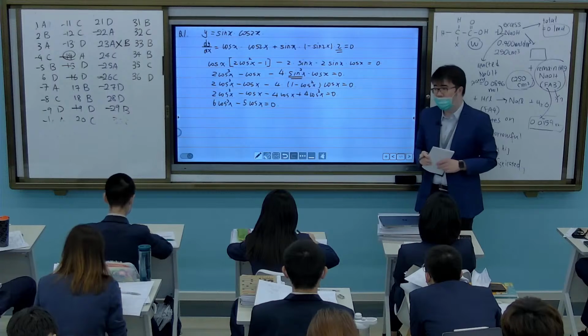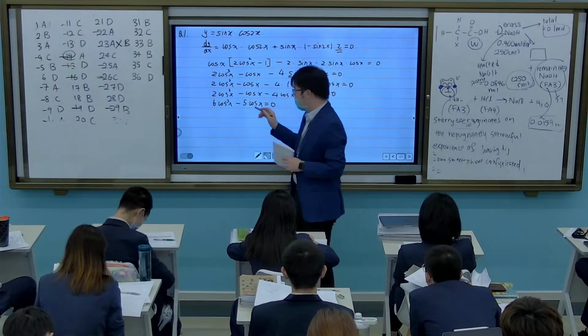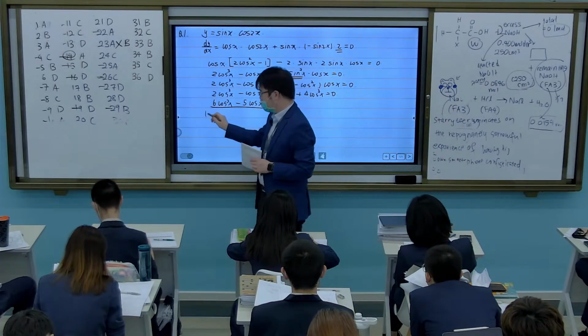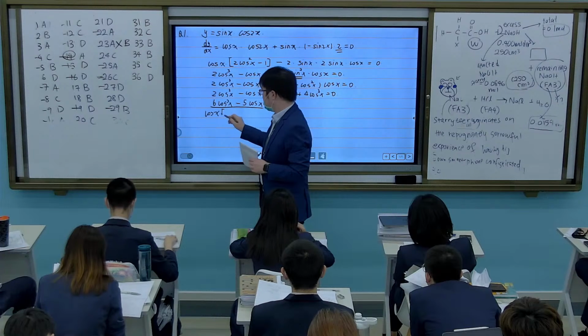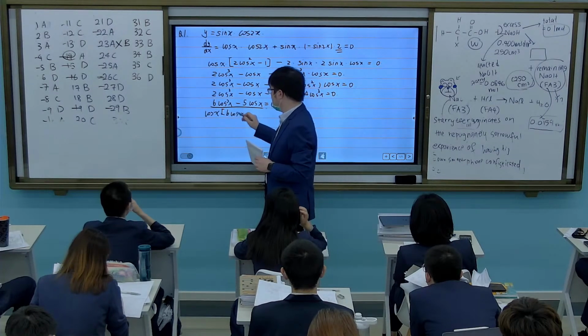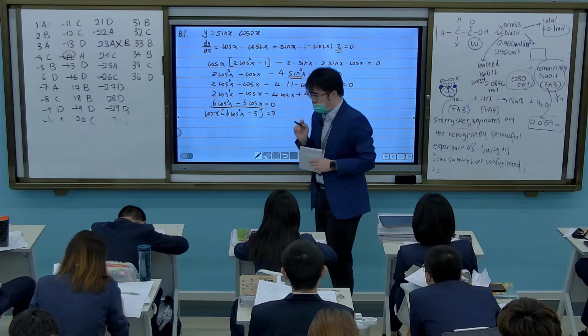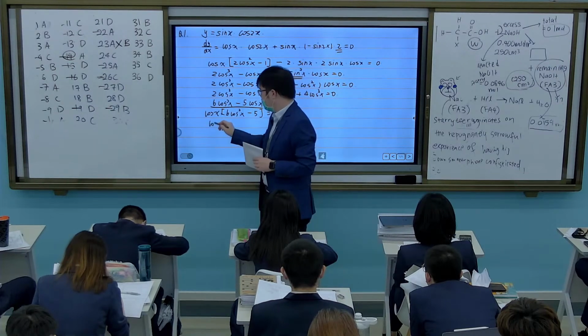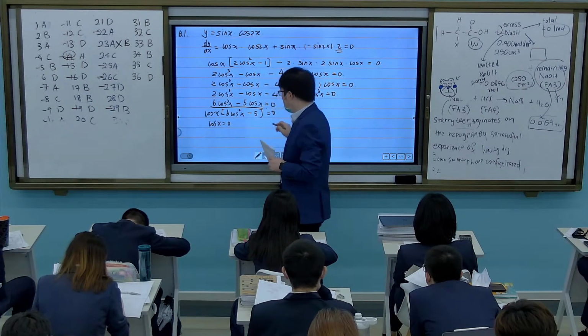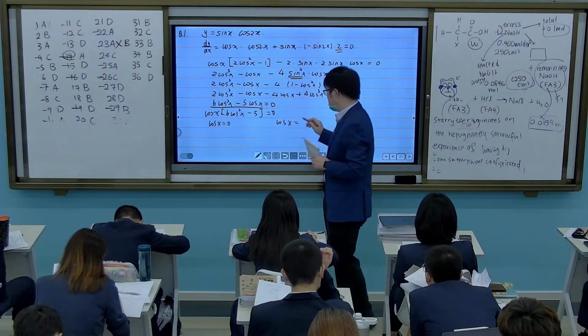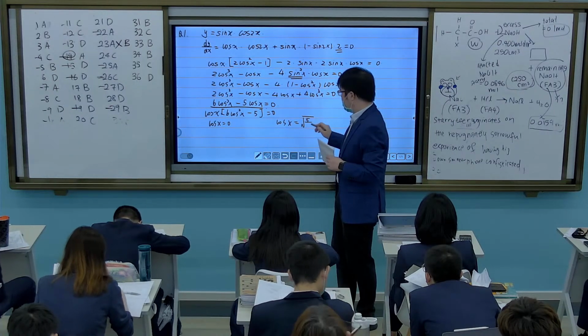You can take out the common factor, factorize this expression. You get cosine x times bracket 6 times cosine x squared minus 5 equals 0. So after that, you can get the value of cosine x either to be 0 or cosine x equals square root of 5 over 6.